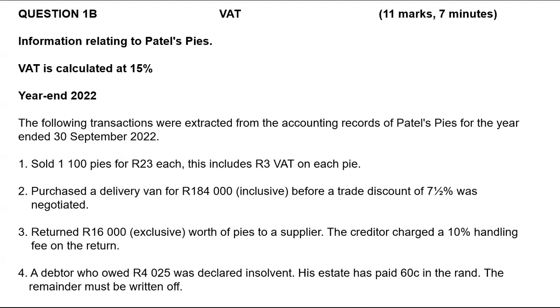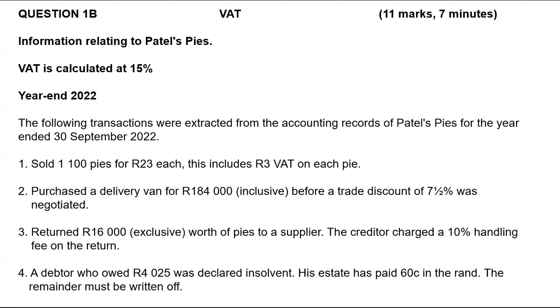It actually reduces our VAT output, because when you return goods to customers, it reduces our VAT output. But here, note that the VAT output couldn't be on that 16,000 Rand. It has to be on the 16,000 Rand minus the handling fee, the 90% of that 16,000 Rand, because the creditor is only allowing us a return amounting to 90% of that 16,000.